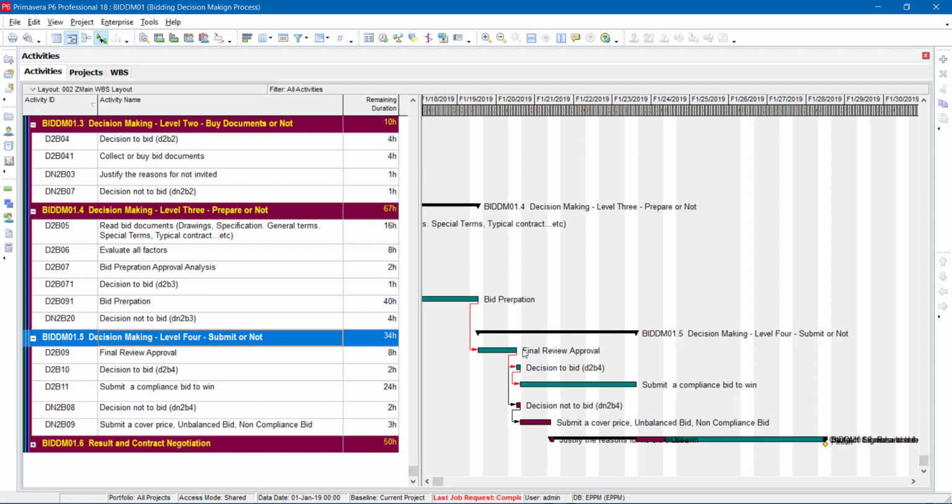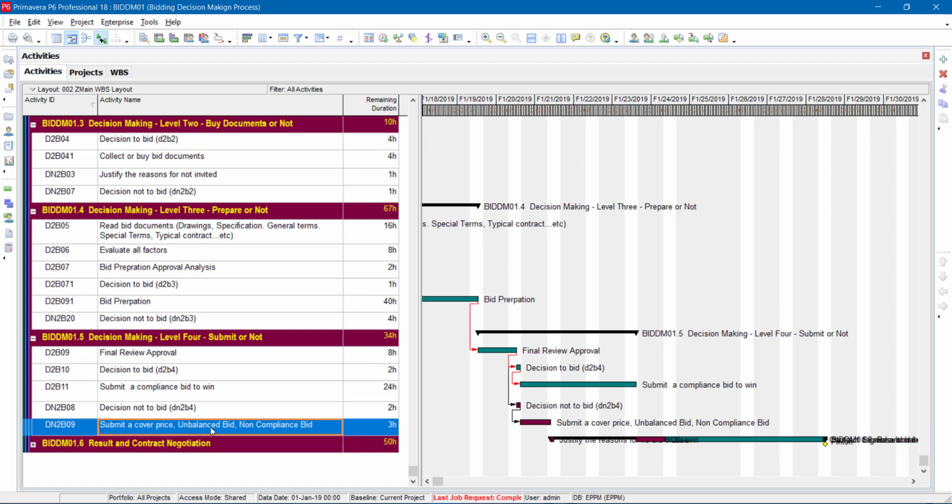And not submitting has different forms. One is directly not to submit. The other forms are to submit a cover price, an unbalanced bid, or a non-compliant bid. A cover price means a high price, which they will not win.